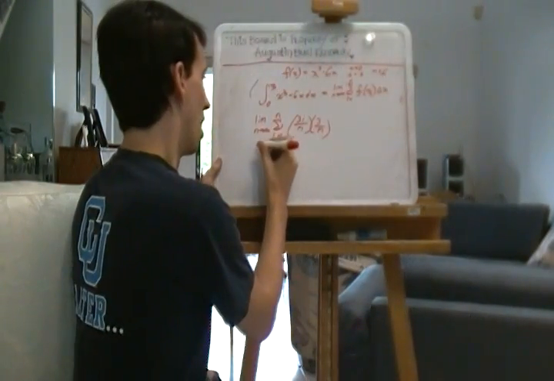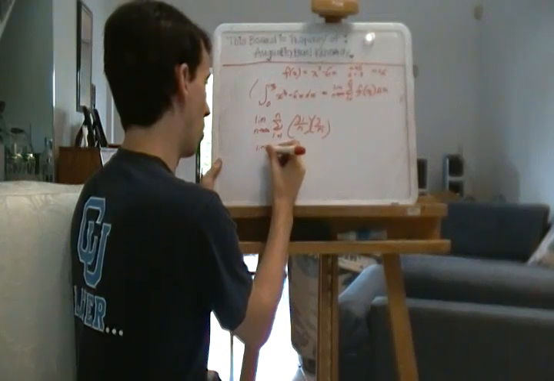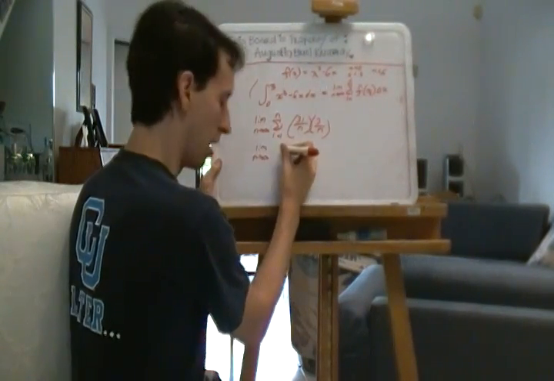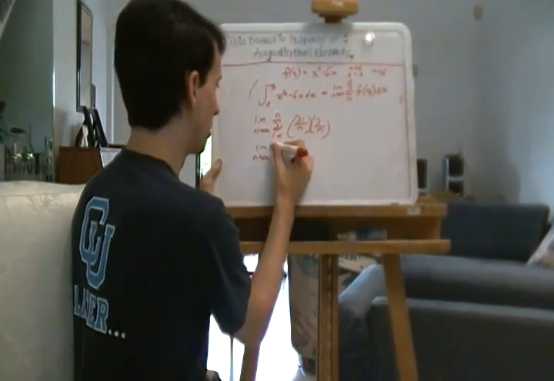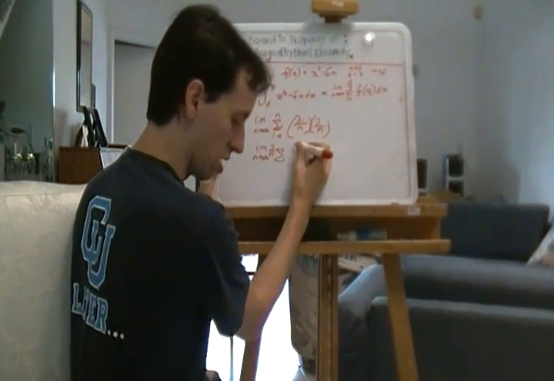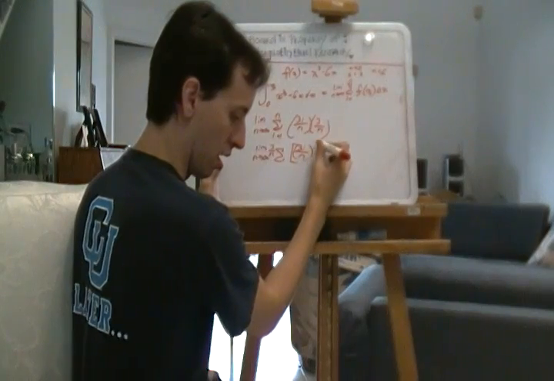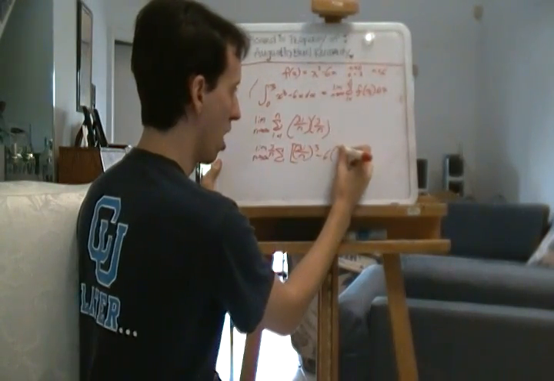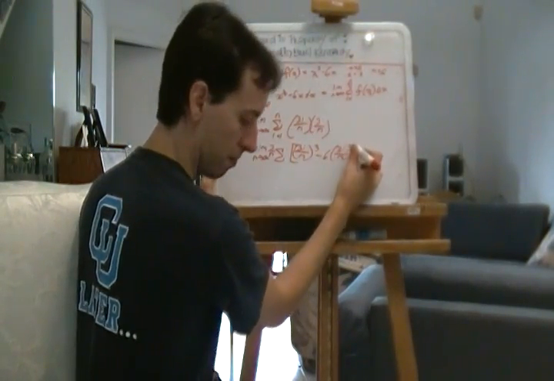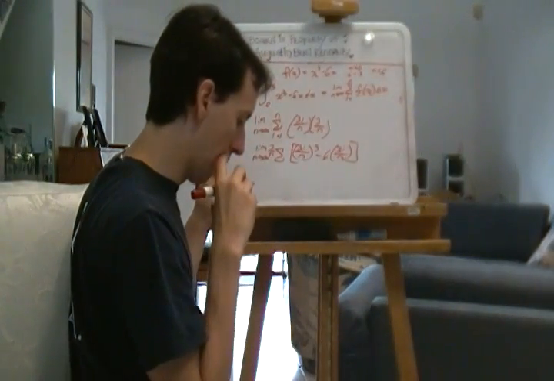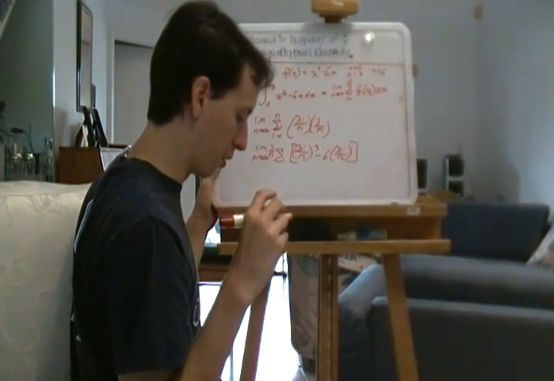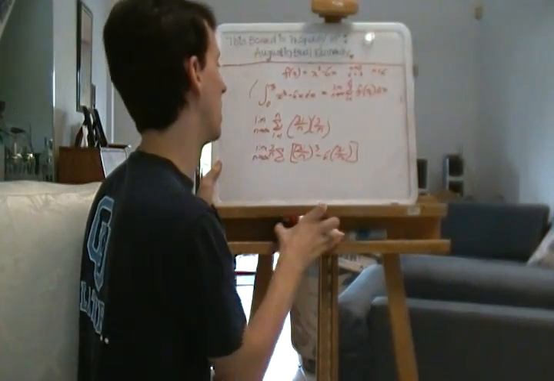So, using the laws that we just went over, this limit is 3 over n times the sum of (3i over n) cubed minus 6 times 3i over n. I really don't want to go through the rest of this because I only have 8 more minutes.